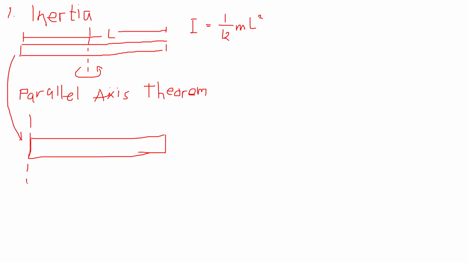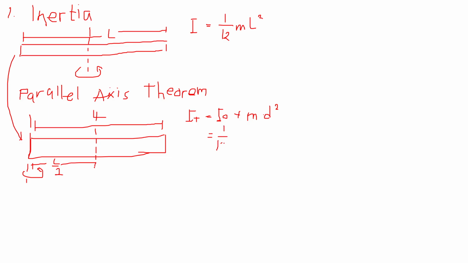Now it spins here, with length still L. The parallel axis theorem says the new moment of inertia, let's use I, is equal to the old moment of inertia plus the mass times the distance squared. The distance here is from the old axis to the new one, which is L over 2.